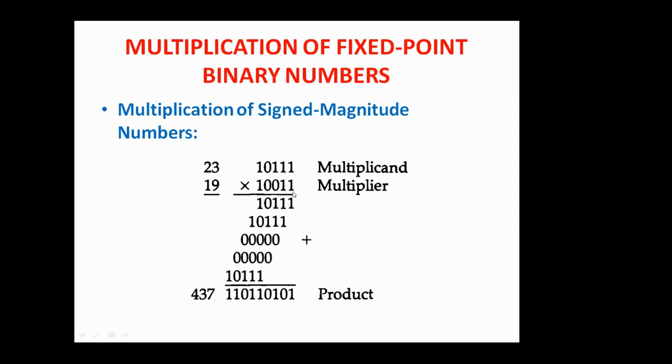The right shift is used to eliminate this bit. Once we multiply this with 1, that step is done, so the right shift is used to delete it. Then after another multiplication of this number with this one, again a right shift will be done so that this will be removed. This way we move forward.